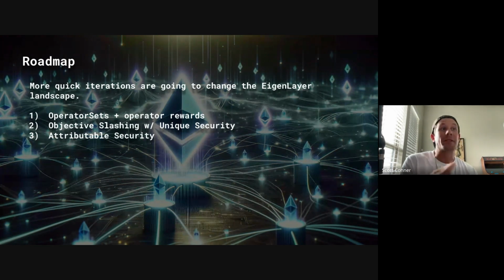And when slashing releases, which won't be for another 2 incremental releases, the slashing agreement will happen at the operator set level, and the operator who's opting in will say how much of their stake is slashable to this operator set. And so if I'm an operator and I'm in multiple quorums, I can control my slashable stake and the payments that I receive for each one.